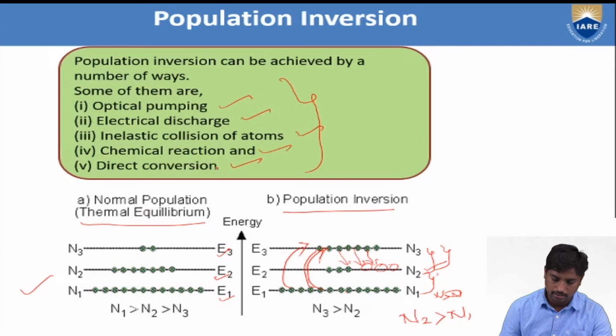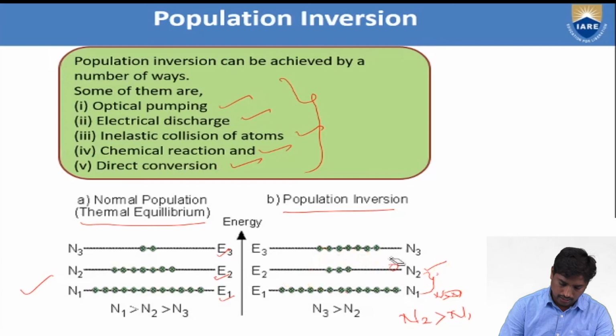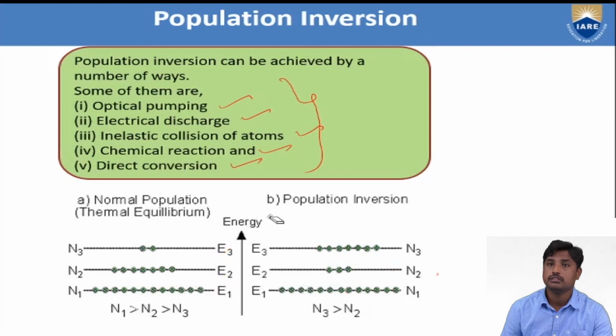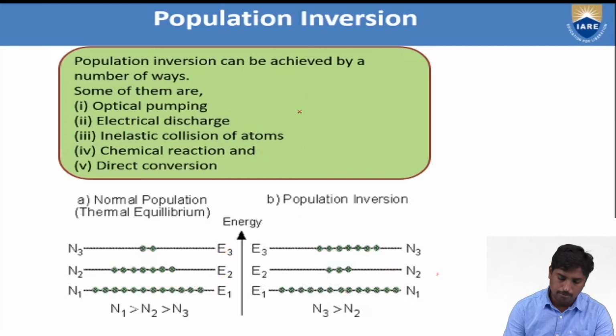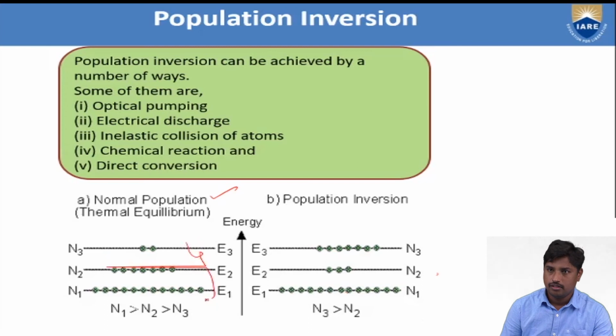And these two diagrams represent population inversion. You can clearly, without any doubt, observe this when you compare the two diagrams. The first diagram is the normal population according to the Boltzmann principle. Atoms occupy the various energy levels in this manner: N1 is always greater than N2 and greater than N3.